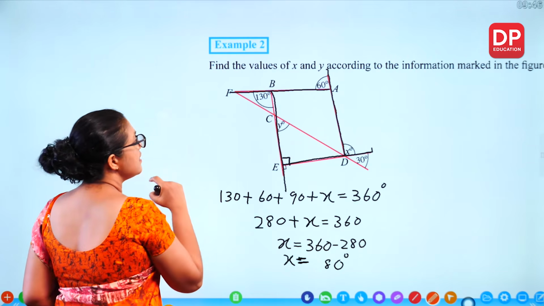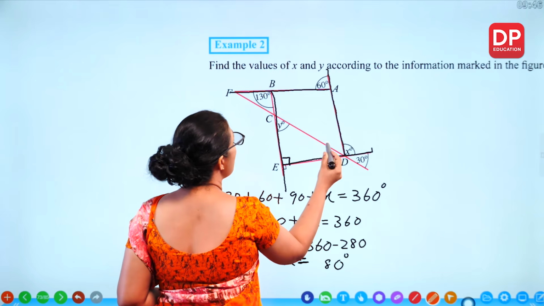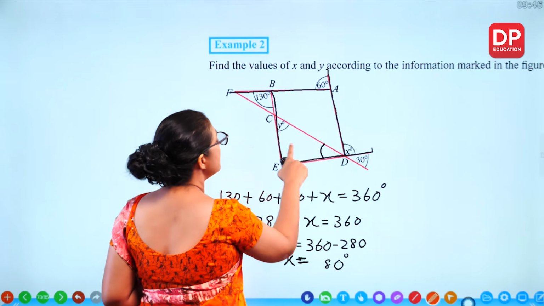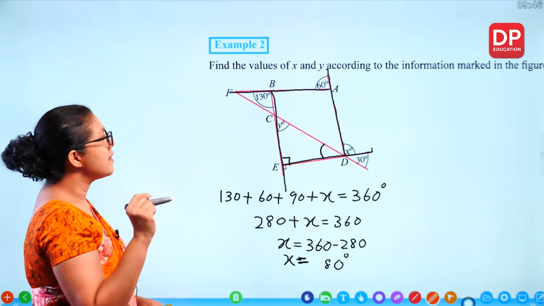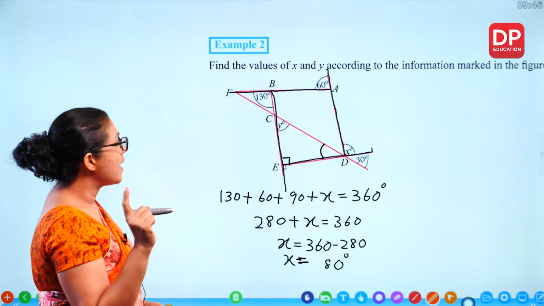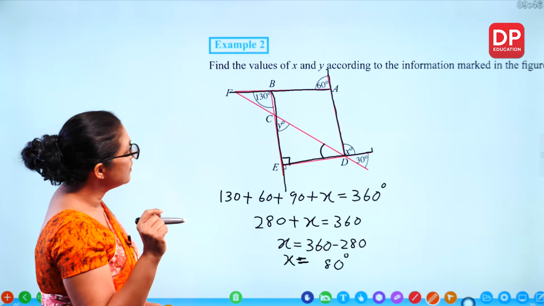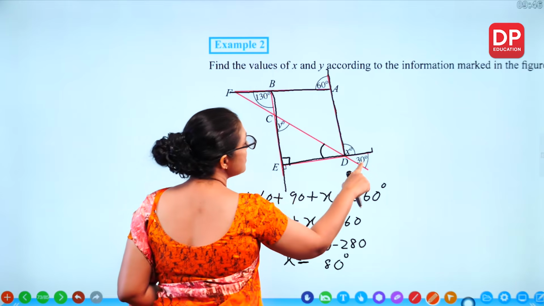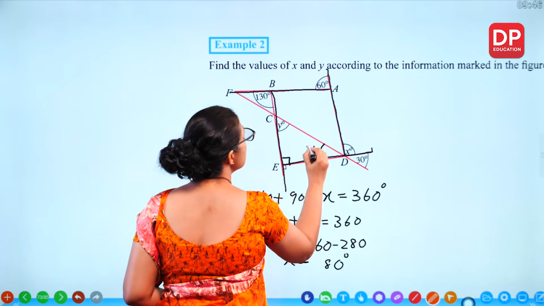This is 90. If we can find out this angle, we can think about using the angle sum of a triangle. So we can see this is 30, so this is 30.